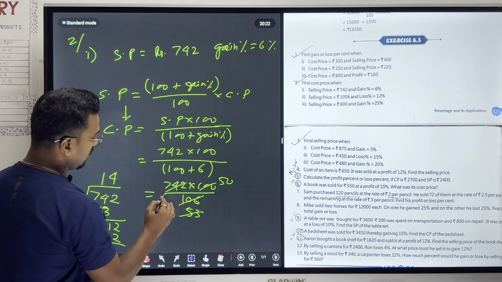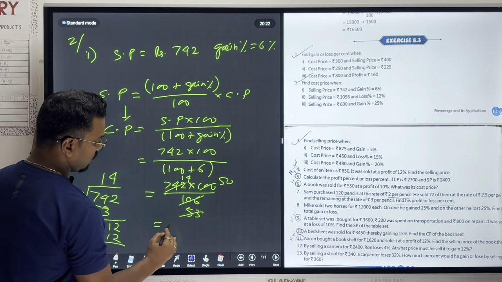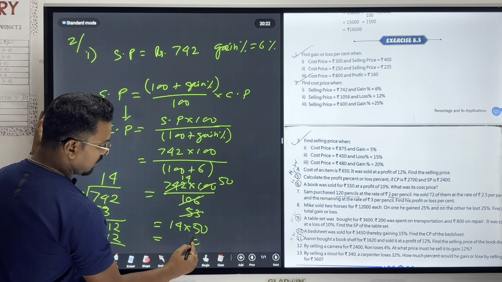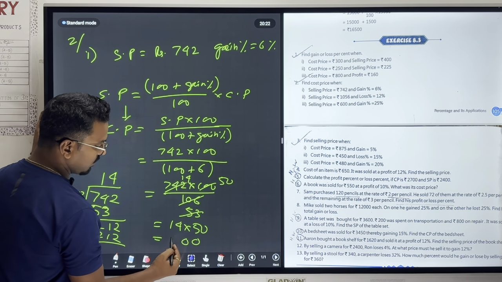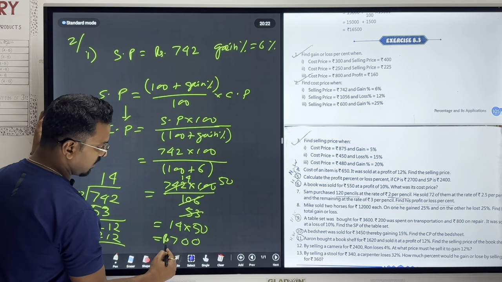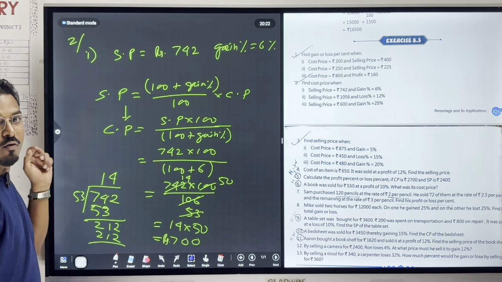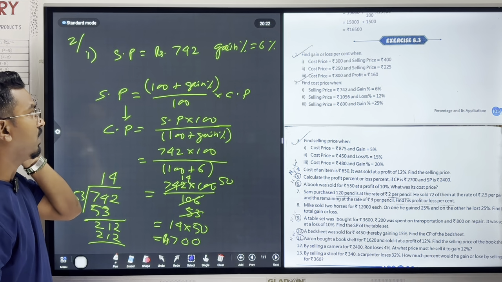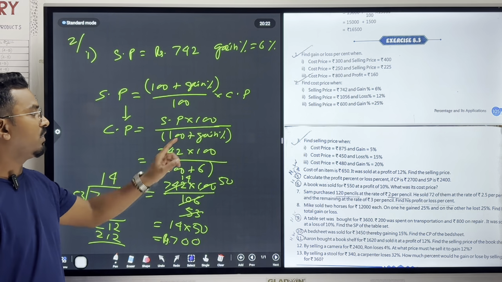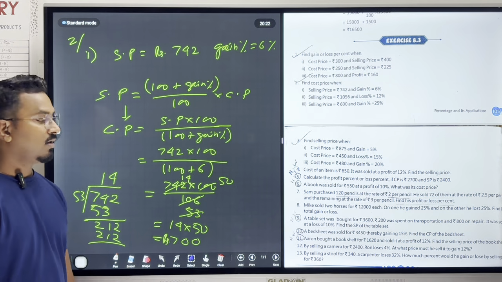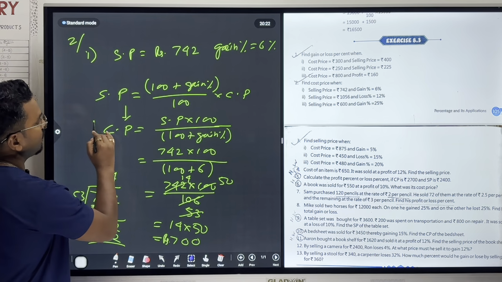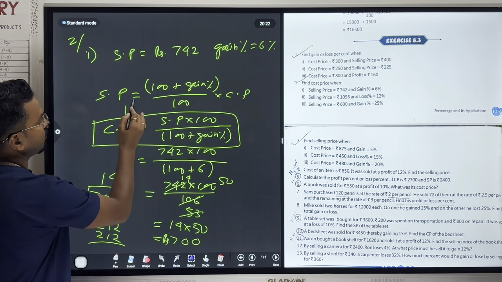So if you cancel it, you will get 14. So 14 into 50. If you multiply, 5 4s are 20, 5 1s are 5, 6, 7. Rupees 700. What was the cost price? Cost price is rupees 700. Okay. If you apply this formula, you can directly find the cost price. We have derived it from the previous formula, this one.